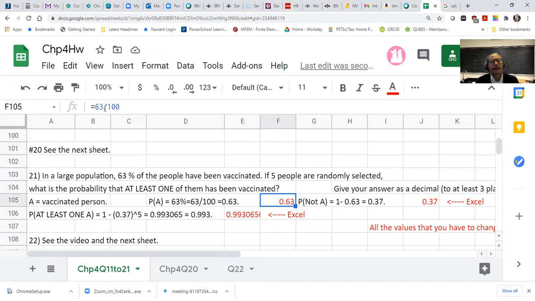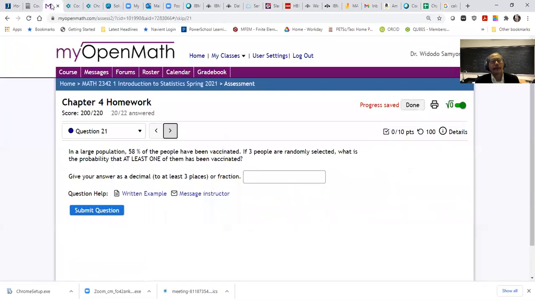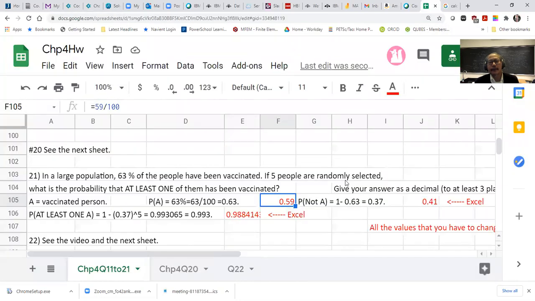So you need to change this to 58. So this one should be 58. So this is the probability that the person got vaccinated, and it automatically calculates the one that is not.